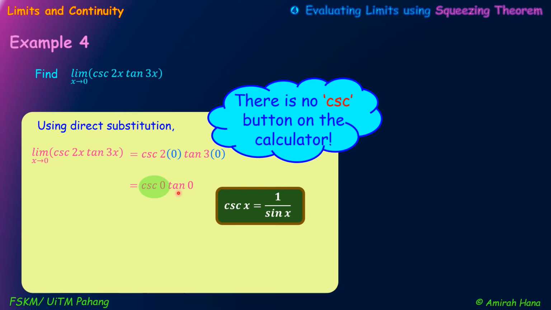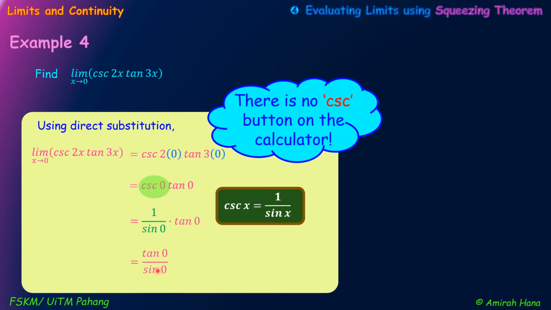Alright, from the reciprocal identity, we have cosec x equals to 1 over sine x. So we can write cosec 0 equals to 1 over sine 0 using this reciprocal function, and then times tangent 0. After that, we have tangent 0 over sine 0.